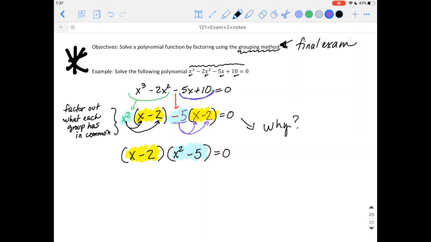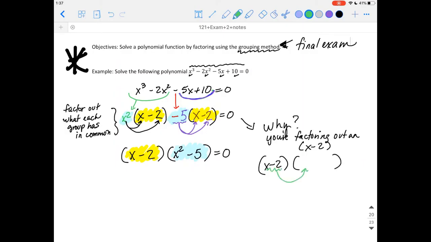And again, technically, I don't like just saying the trick, but why? Why is it that this works? Because technically you're factoring out an x minus 2. So watch, if I have an x minus 2 and I factor it out and set up another one, then I'm saying the following.